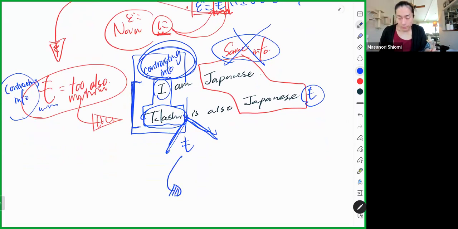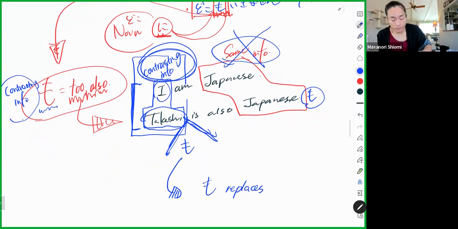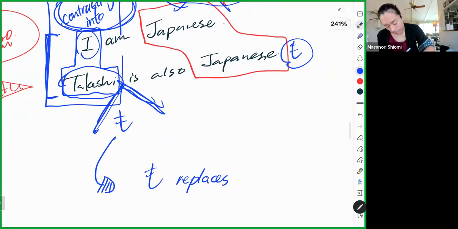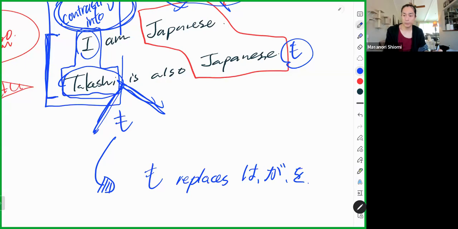Okay. But then here, when we put mo, we have to look into what mo is capable of. Mo is really flexible in that mo replaces the main particles, meaning wa, ga, o. These three main particles. Mo can act as these particles. Why are these main particles?